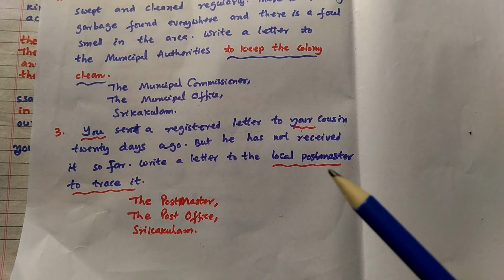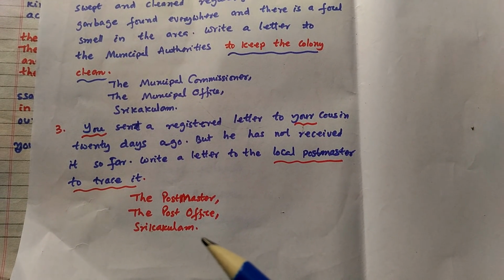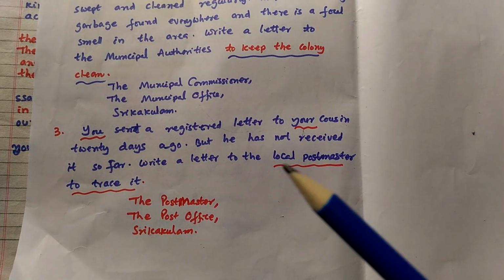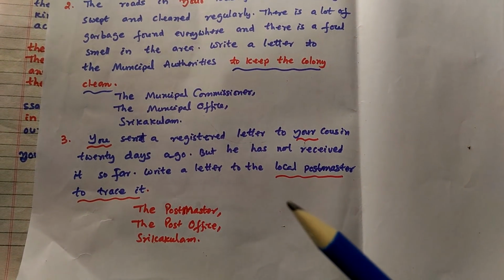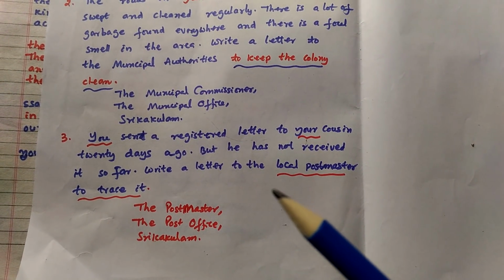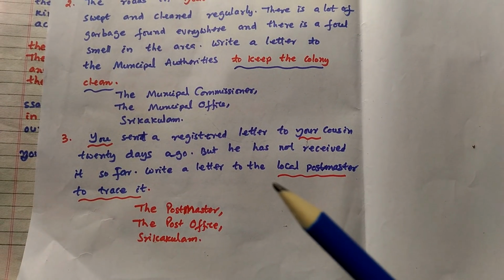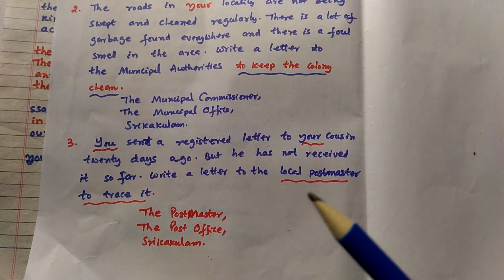For the receiver's address, we can write: the Postmaster, the Post Office, and Srikakulam. In this way, whenever we have a question in our question paper, you just have to change it a little bit, and we can easily write the letter of complaint with this format.